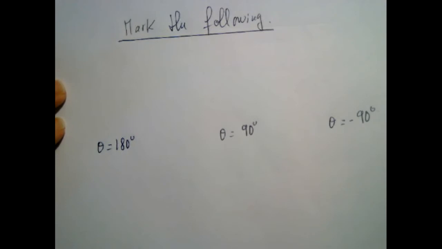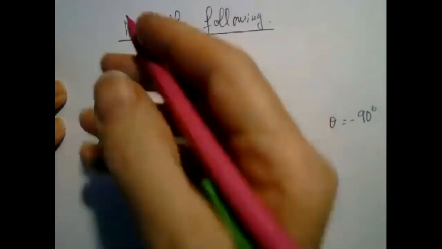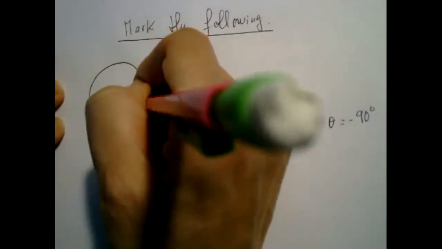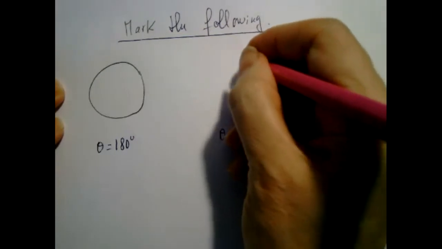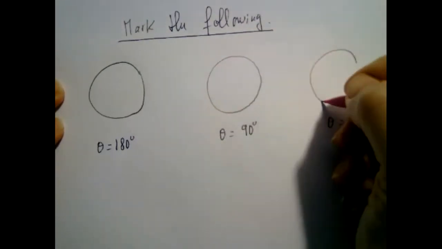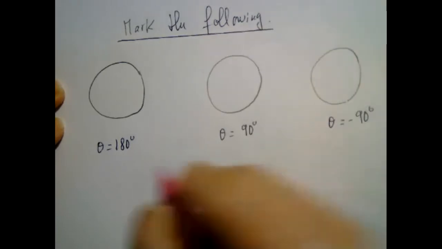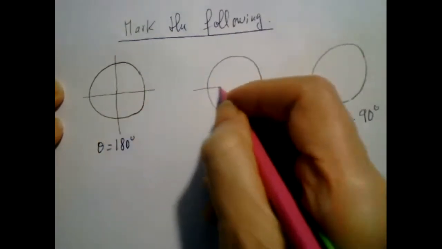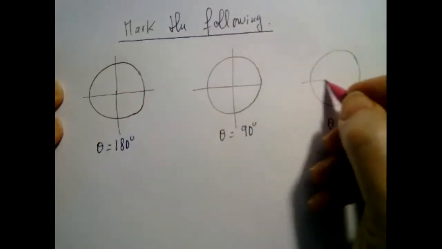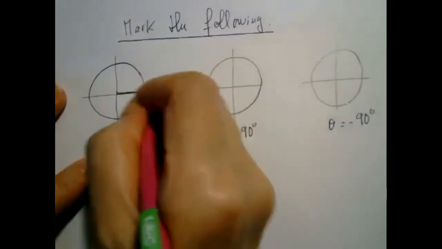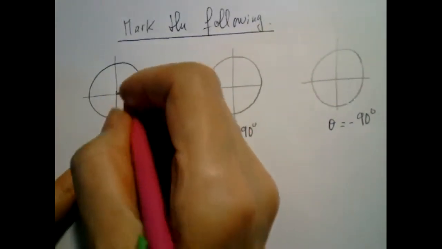So I'm going to draw a circle. I need a pencil, so I draw nice, decent circles at least. When I tell you to draw, it means I'm talking about drawing on the circle. So I have my 3 circles here. Draw 180. I always start drawing from the positive x-axis.